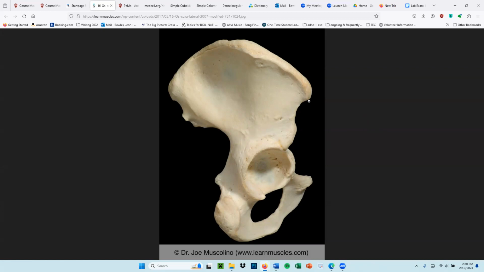So we had ASIS. We're going to follow that back. And then this more rounded, but still kind of pointy projection, that's going to be your PSIS, posterior superior iliac spine. Immediately below that, we have another little lump that is going to be your posterior inferior iliac spine.